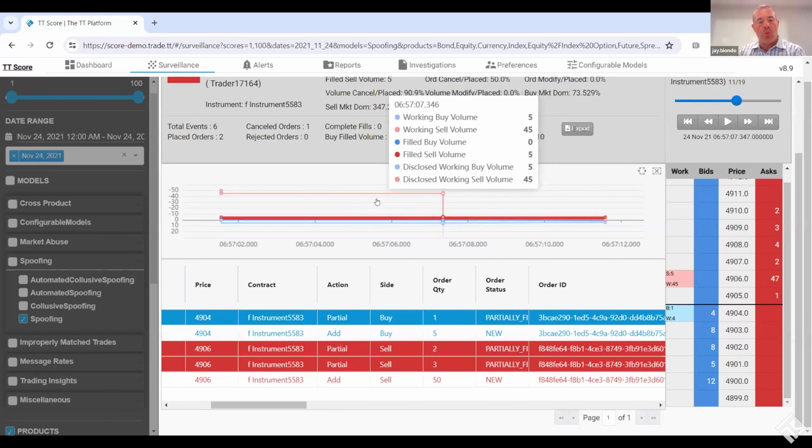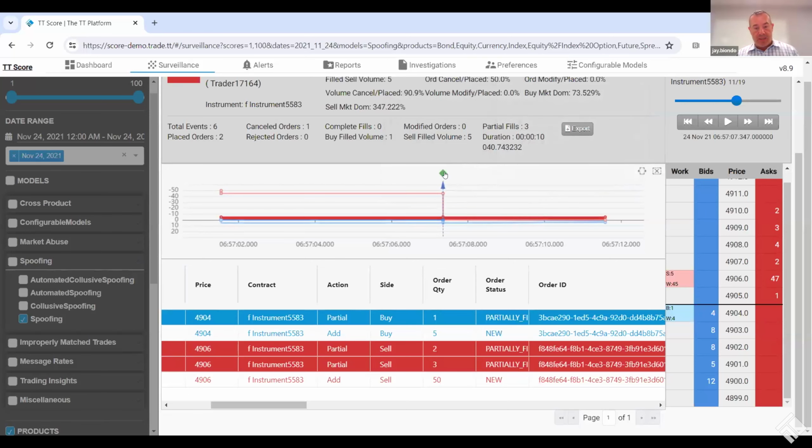This chart, which we call a pressure chart, is visualizing where a trader may be using a large order on one side of the market, using this type of large volume on one side of the order book to potentially create book pressure, in order to influence other market participants to get filled on smaller orders on the opposite side of the market.